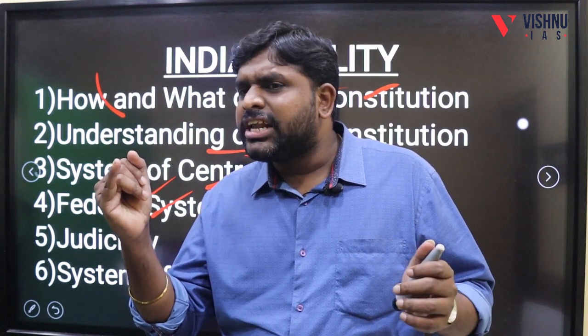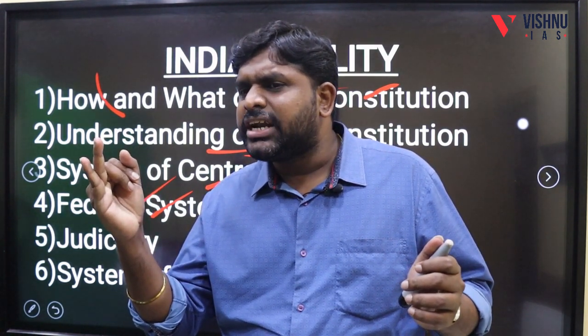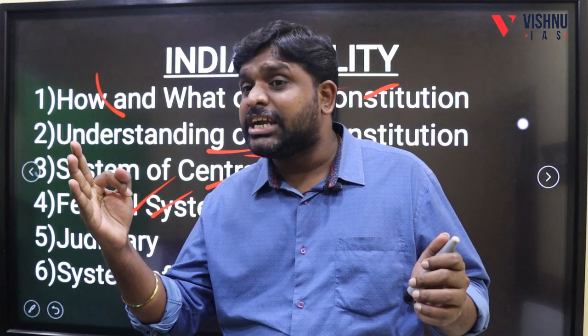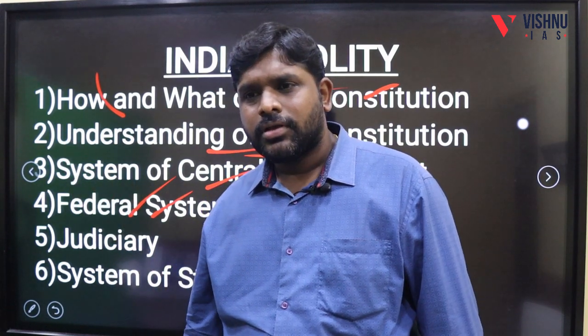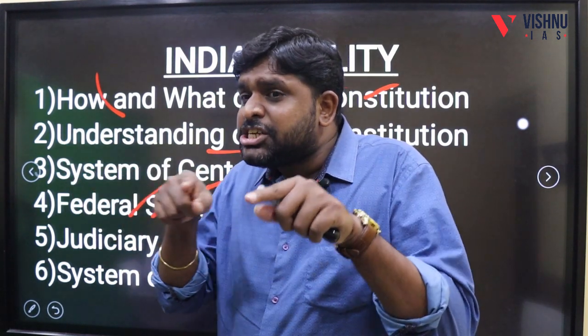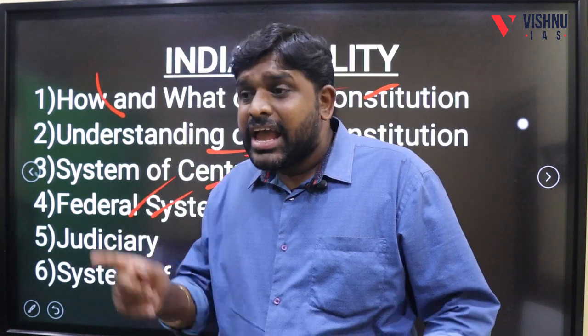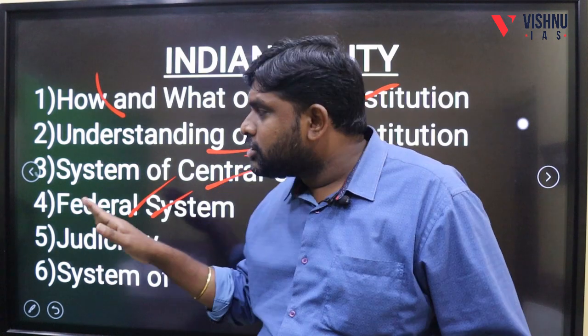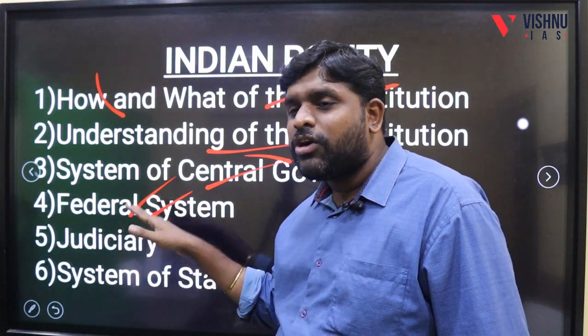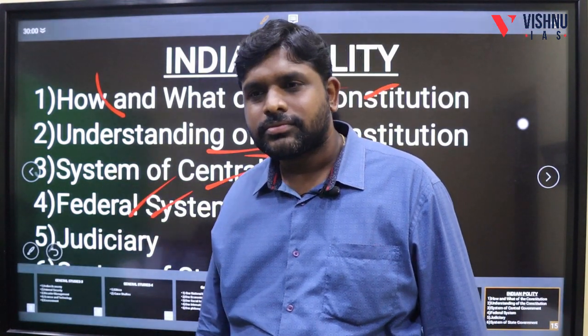Executive relations, legislative relations, and financial relations between the center and the states. Emergency provisions, where the relationship between the center and the states gets altered. Interstate relations. All these things we will be doing under the section called federal system.